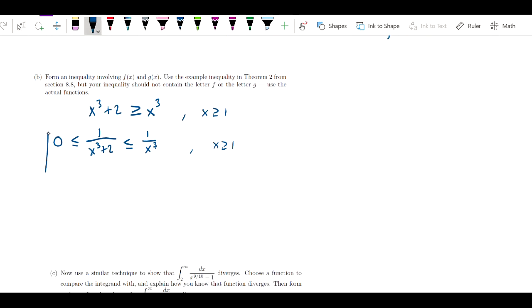So this is the inequality that I was looking for.